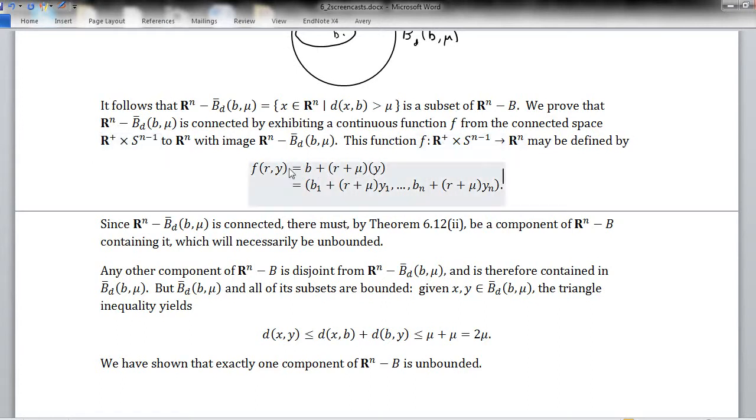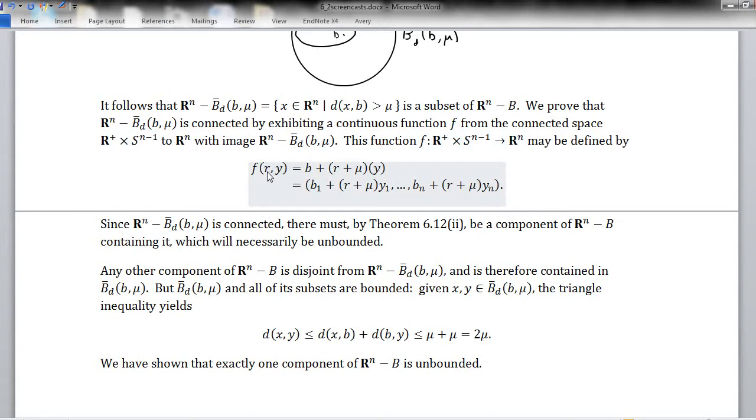So we have r, which is a positive real number, and we have y, which is in S^(n-1), which, remember, means it's a point in Rn which is a distance 1 from the origin. So y, you can think of it as a vector with n coordinates. Here's what I'm going to do.